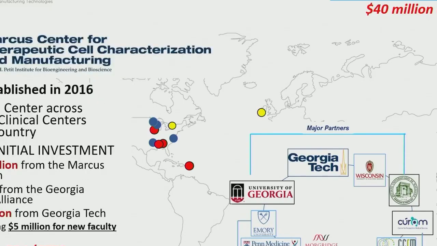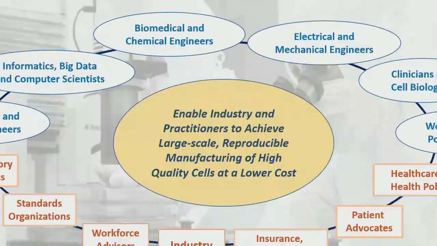And parallel to that, at least at Georgia Tech, we have been able to receive philanthropic funding, similar to what Joanne has received at Duke from the Marcus Foundation, to really create a large ecosystem of clinicians, biologists, engineers, scientists, physicists, chemists, working together to solve the problem of scalable manufacturing and reproducible quality in cell therapy.